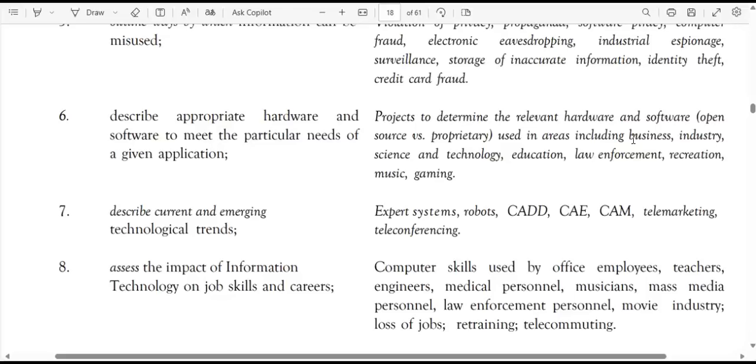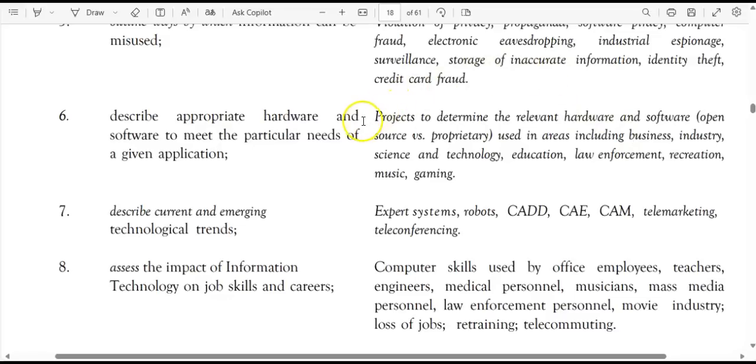The hardware would be desktop PCs, laptops, servers, or printers. What would be the software in a business in terms of open source? It will be LibreOffice, Calc, and Jitsi Meet. The proprietary would be Microsoft Word, QuickBooks, and Zoom.